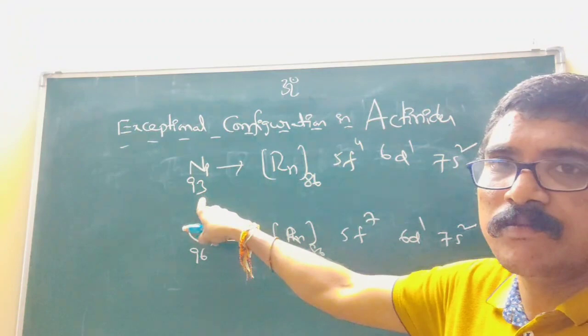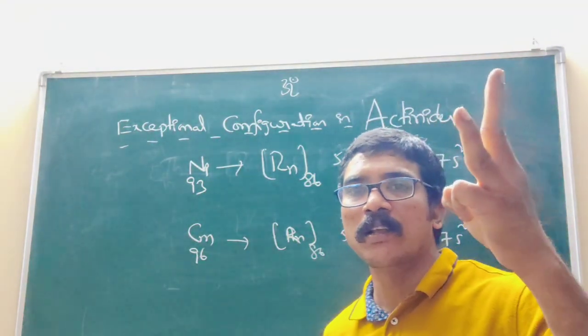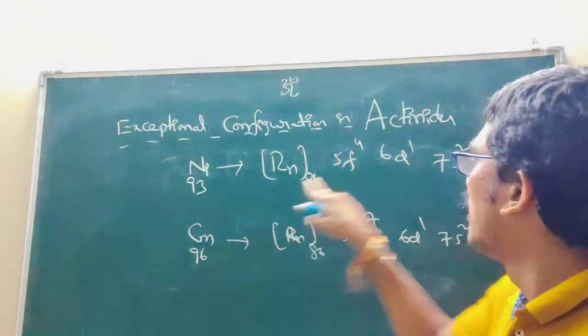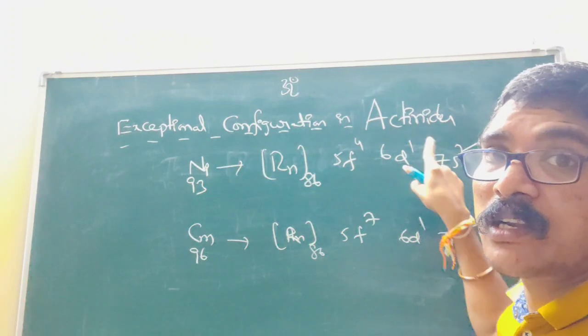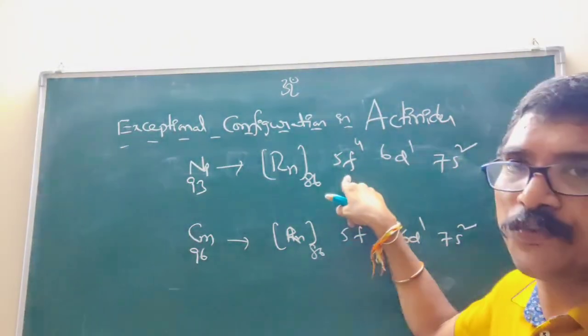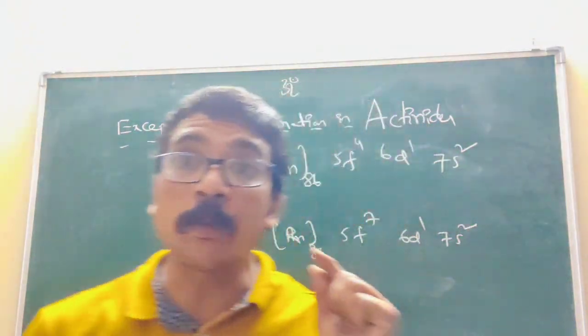This is 93. So first element 90, exception. 91, exception. 92, exception. 93 also exception. Atomic number 93, neptunium. After filling of 7s2, the electron enters into 6d1, then into 5f4. After filling of 5f4, the next element is plutonium.